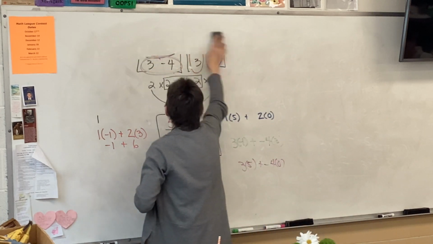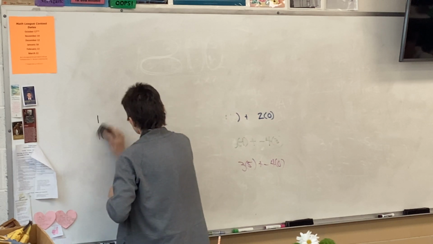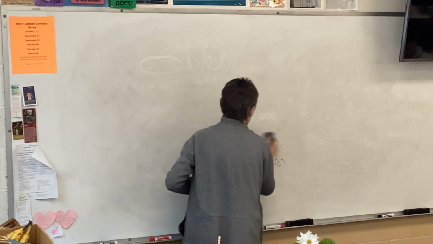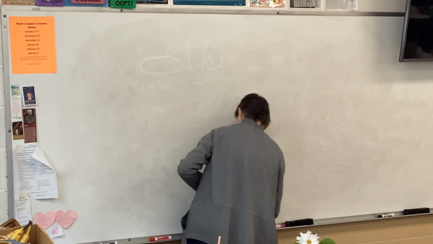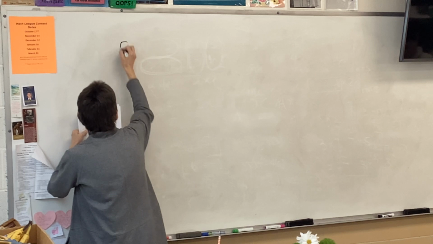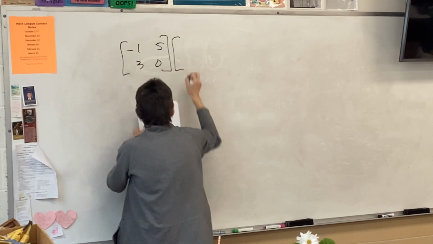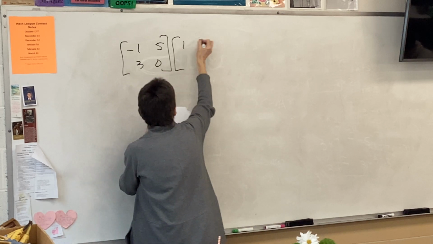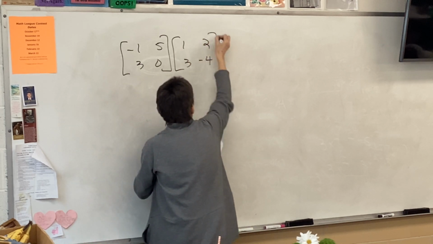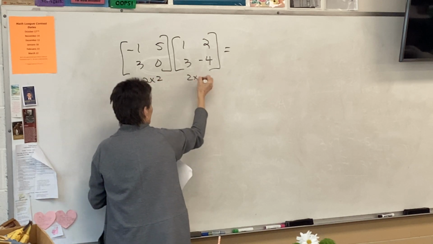Now we're going to do the same 2 matrices, but we're going to do them in the other order. So we are going to multiply F times A. So first thing, it's a 2 by 2 and a 2 by 2.